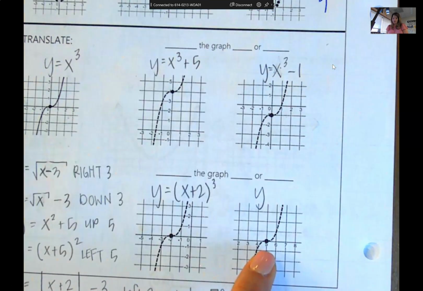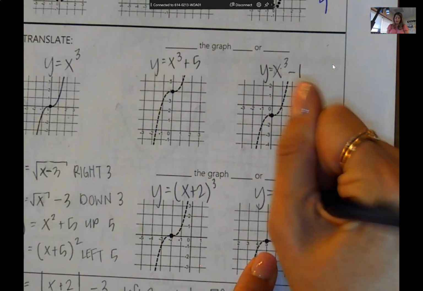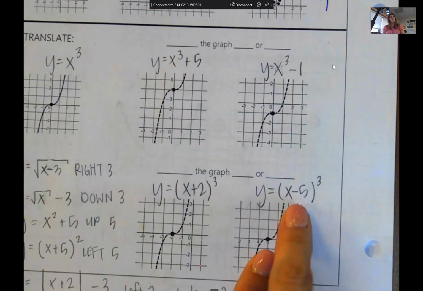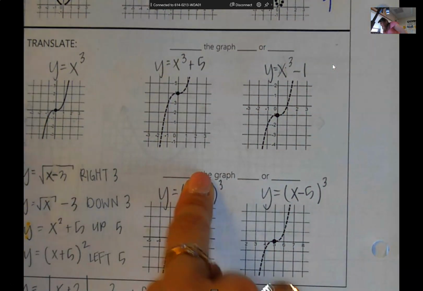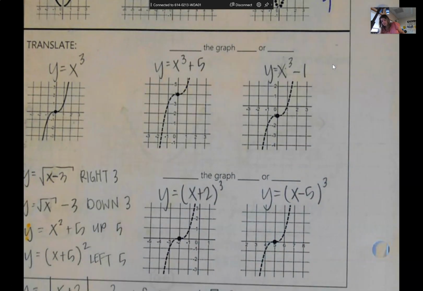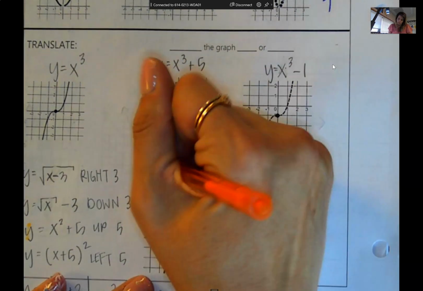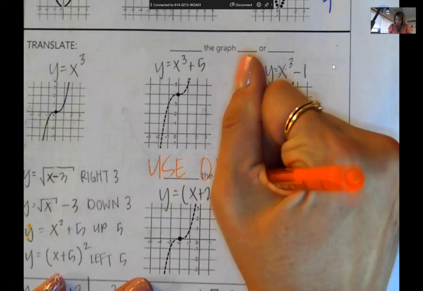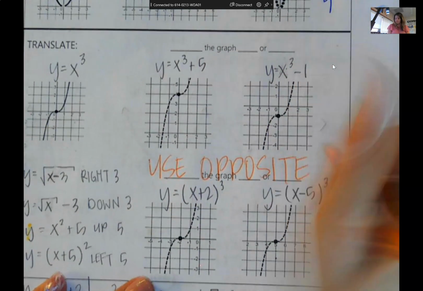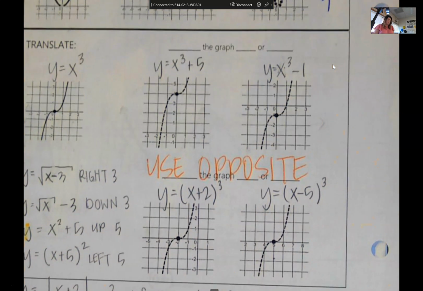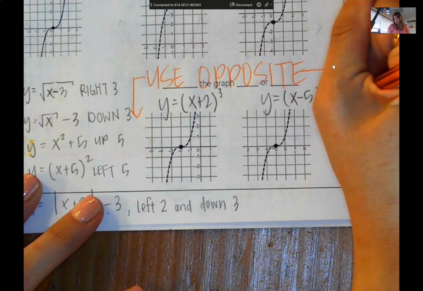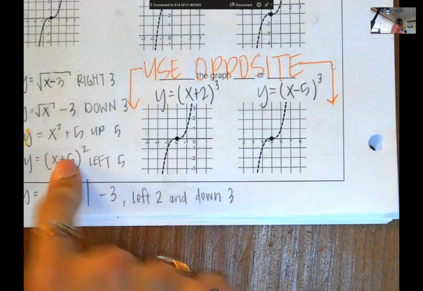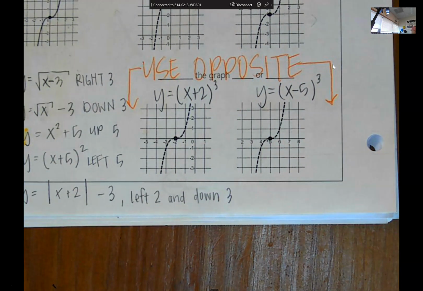This one got shifted to positive 5, which means we write down on our paper negative 5. So this is the one where we use opposites. But this is the one where you use the opposite of what you see. And then these were our examples of being inside with the x or outside with the x.